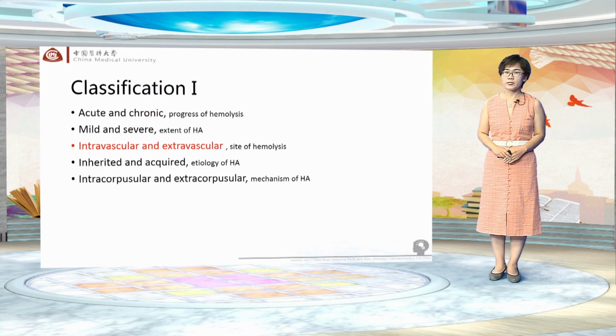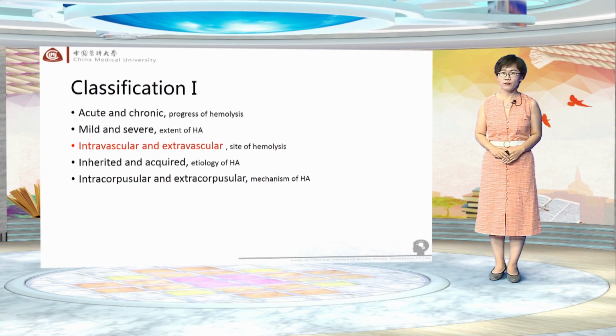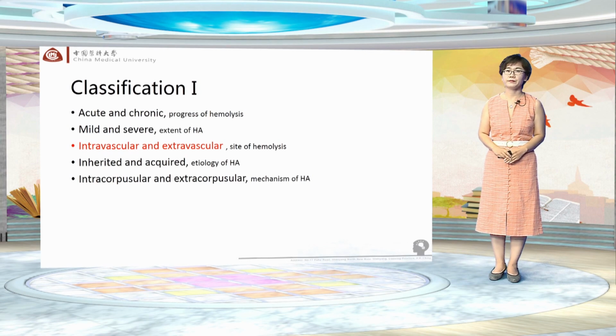According to the etiology, it can be divided into inherited hemolytic anemia and acquired hemolytic anemia. According to the mechanism of hemolysis, whether the defect resides within the red blood cell itself or external to the red blood cell, it can be divided into intracorpuscular and extracorpuscular hemolytic anemia.